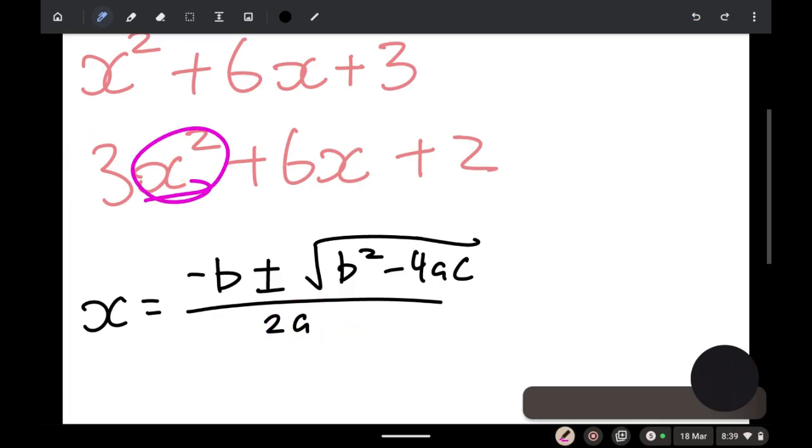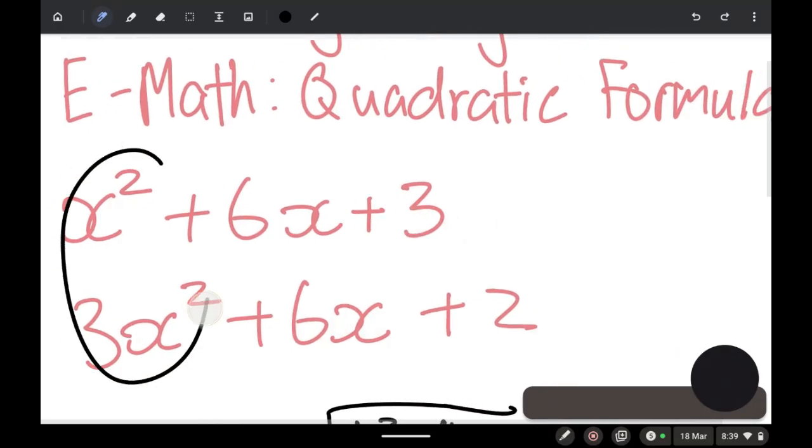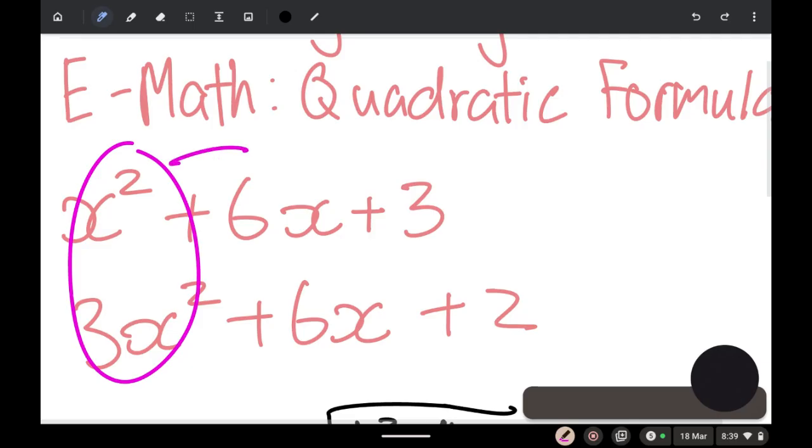If you all don't know, coefficient means the numbers before the letters. So basically, coefficient of x squared means, in this case, 3. Or if it's the one above, this case would be 1. Okay, so it means the first number is A.